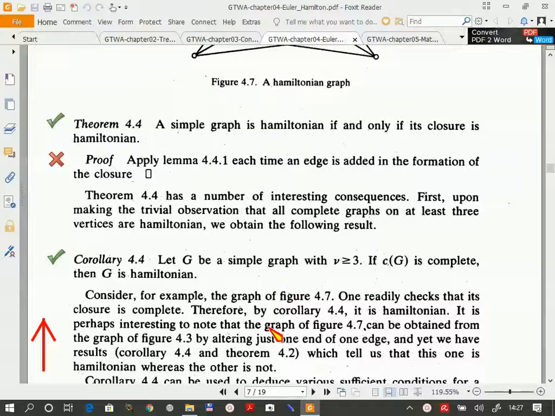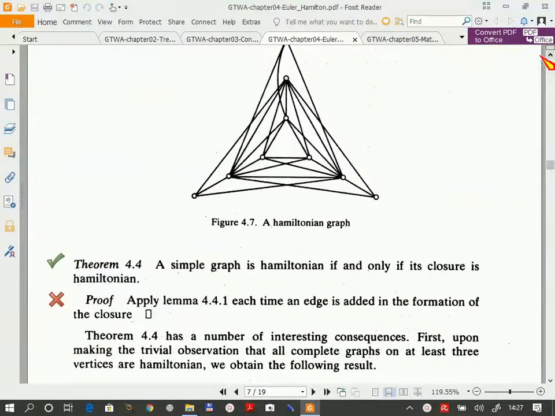All right, so you can see that the graph in picture 4.7, if you make the closure, you find that it's a complete graph, okay? Here, you build the closure and you see that it's the complete graph, and so you can say that this is Hamiltonian.